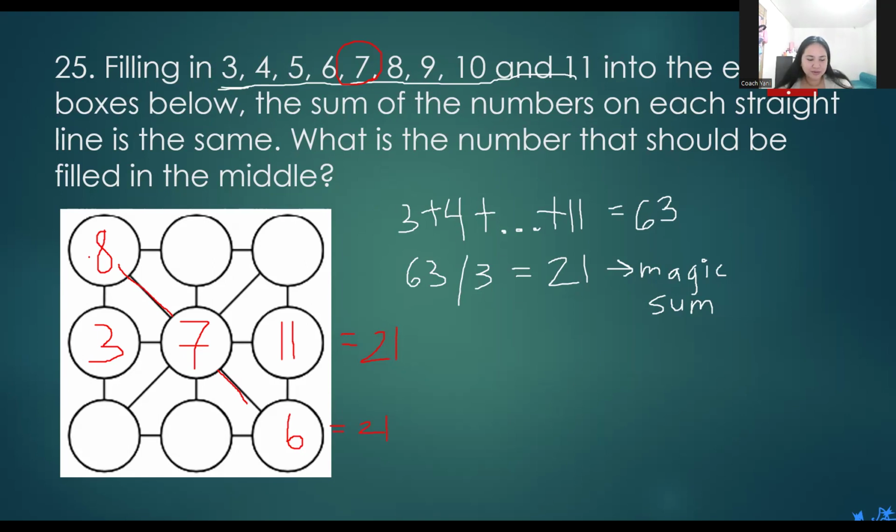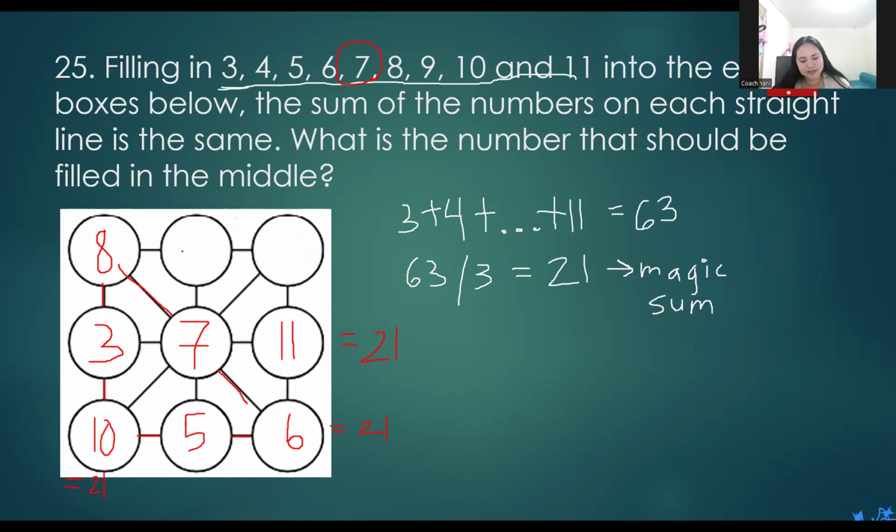And then you can do the missing part here. 10. And that would still be equal to 21. Which can you do next? The one in the middle of 10 and 6. So what's the missing? 5. Very good. And that's still 21.